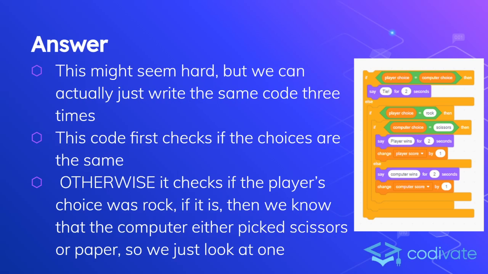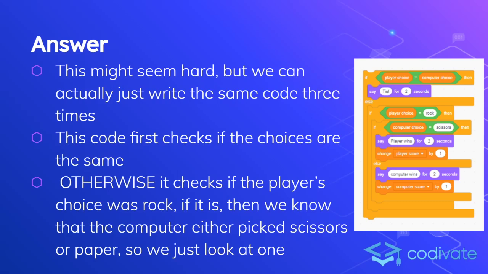And if they are the same, then it's a tie and you're done with the whole thing. If they are not the same, then that means it's one of the following options. The player picked rock and the computer picked either scissors or paper, the player picked scissors and the computer picked rock or paper, the player picked paper and the computer either picked scissors or rock.